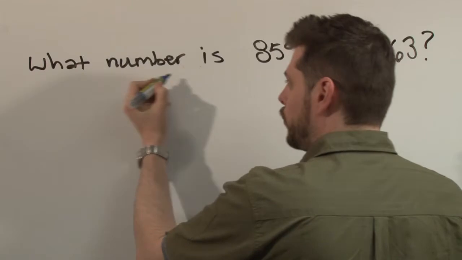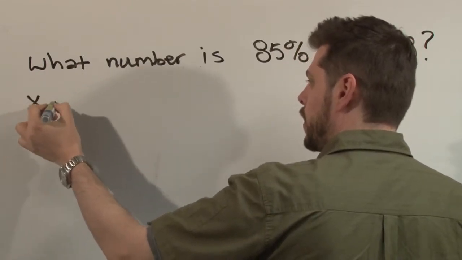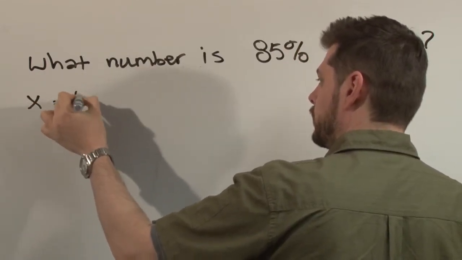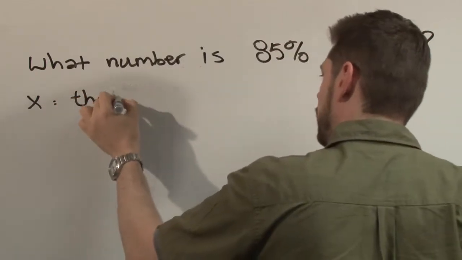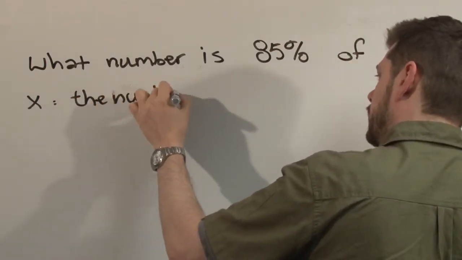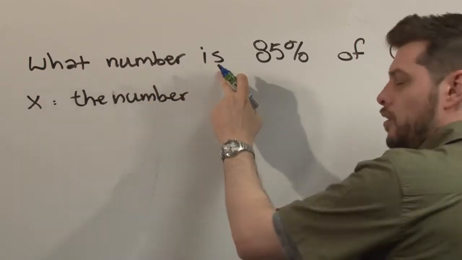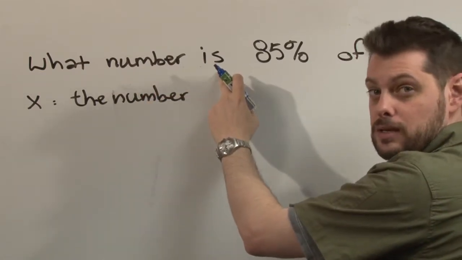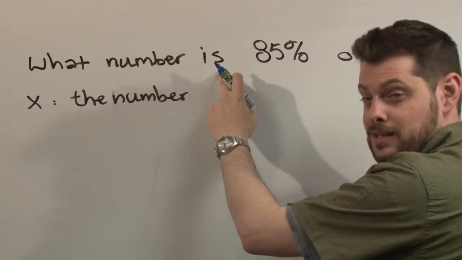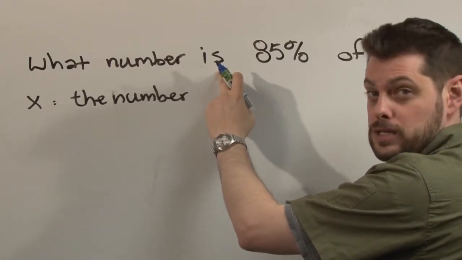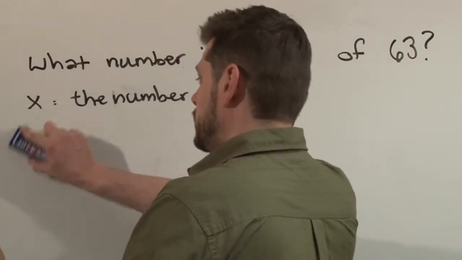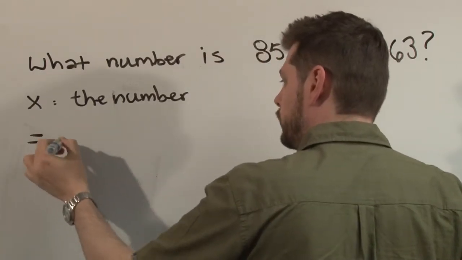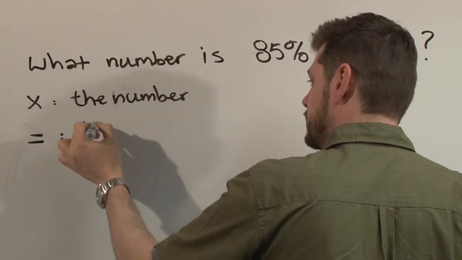Again, with any number or what number, we're going to let x represent the number. We don't know what it is yet. Anytime you see, or I should say most every time you see the verb is, that's your clue that we're using an equal sign. So the equal sign represents is.